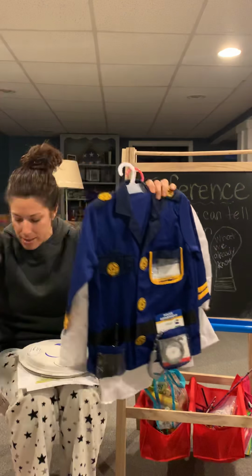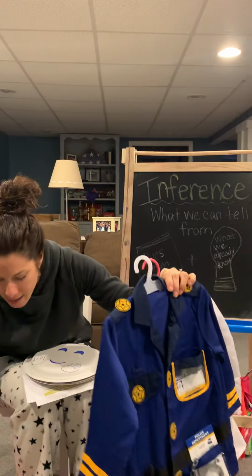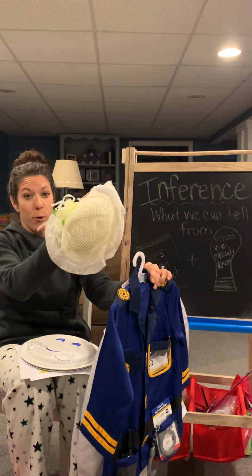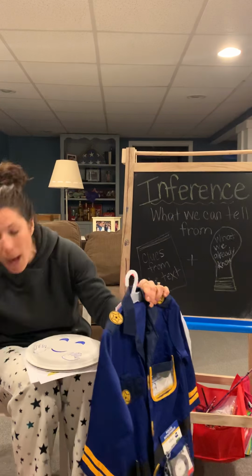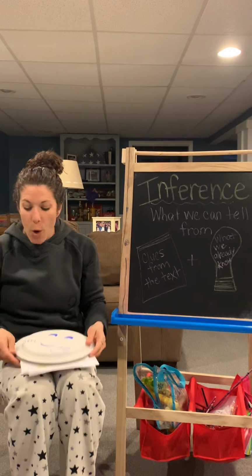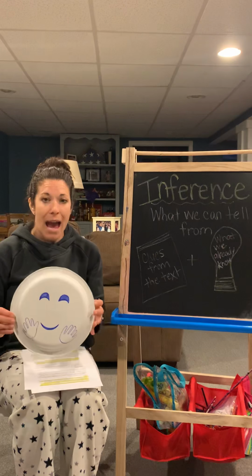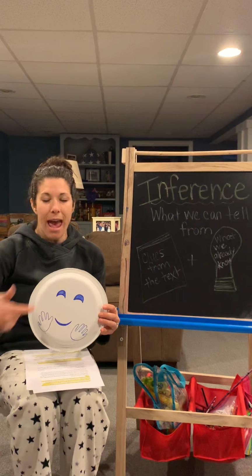I have a police coat, a fireman's hat, just a regular sun hat. So this could be like for a grandmother or a child, whatever their choice is. I have a pocketbook here. So just different props that they can use. So they get to choose a prop and then act out a conversation between that person and another person.